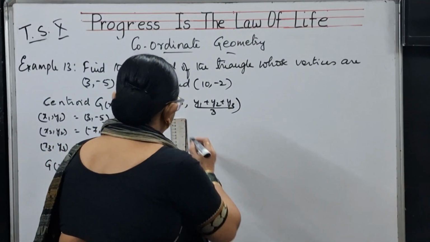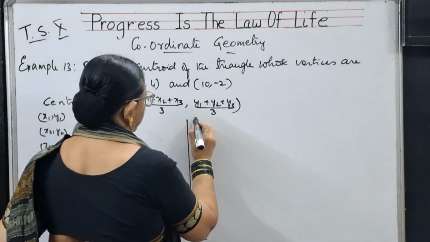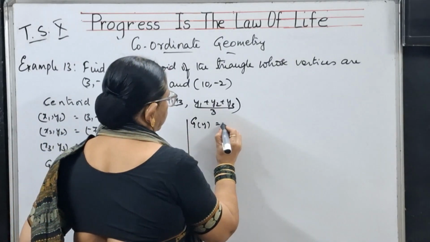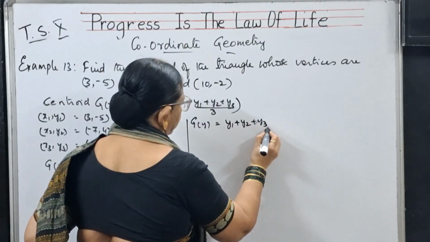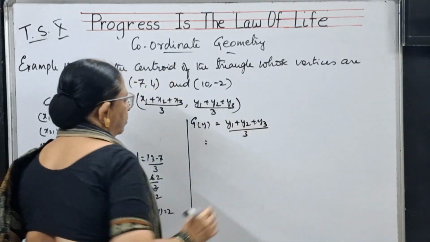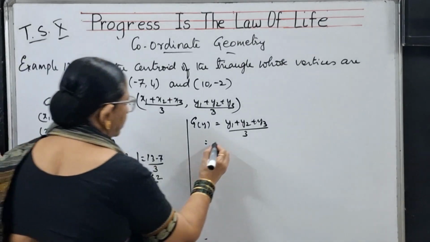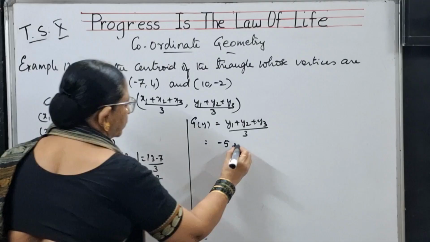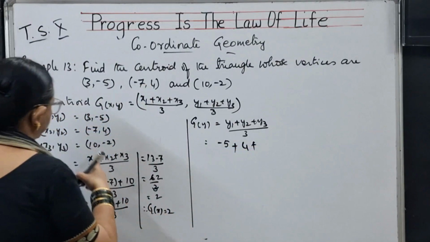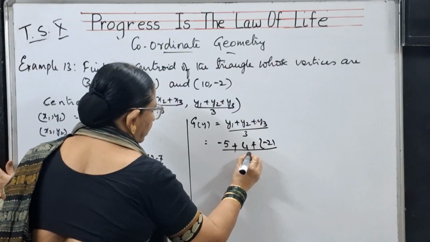Now, let us see what is G of y. G of y is equal to (y1 plus y2 plus y3) by 3. So, what is y1? y1 is minus 5, plus y2, which is 4, plus y3, which is minus 2, by 3.